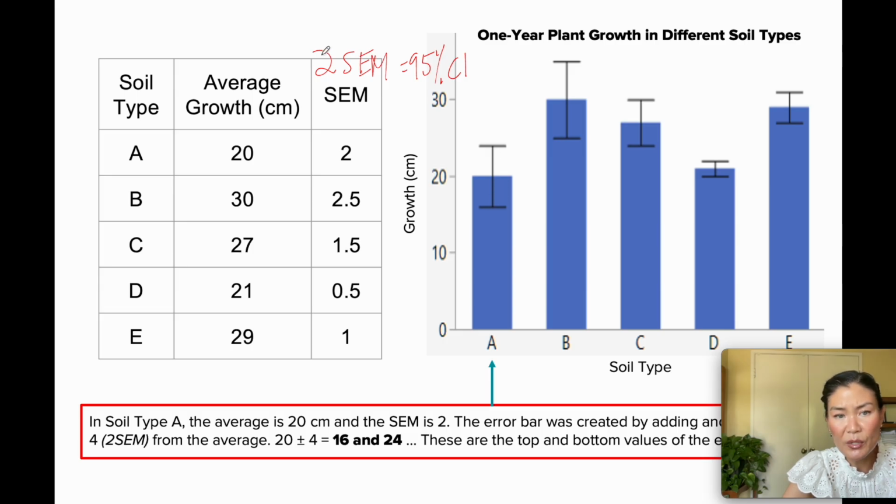So we multiply this SEM by 2 when we graph it. We don't graph the SEM, we graph the 2 SEM. The error bars here are the 2 SEM.